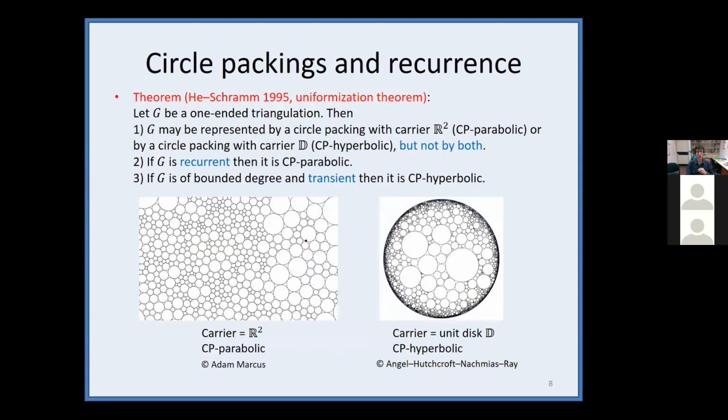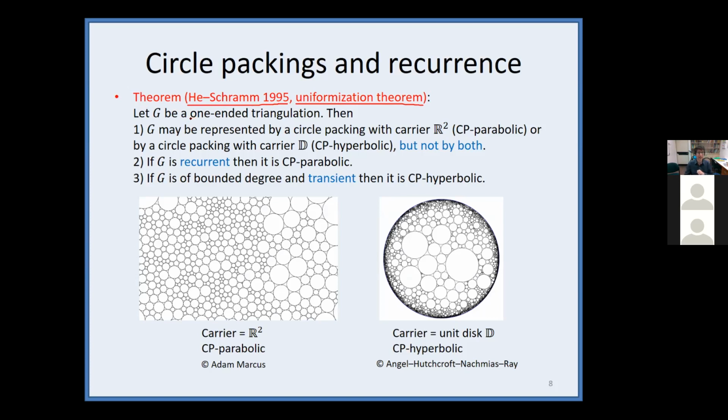And how do you know what circle packing represents the planar graph? How do you get a handle on the circle packing that represents it? The following theorem of He and Schramm from '95 is very useful in this context. It is an analog of the so-called uniformization theorem.